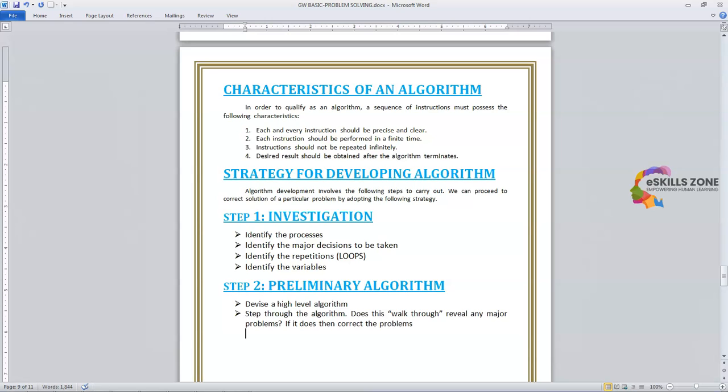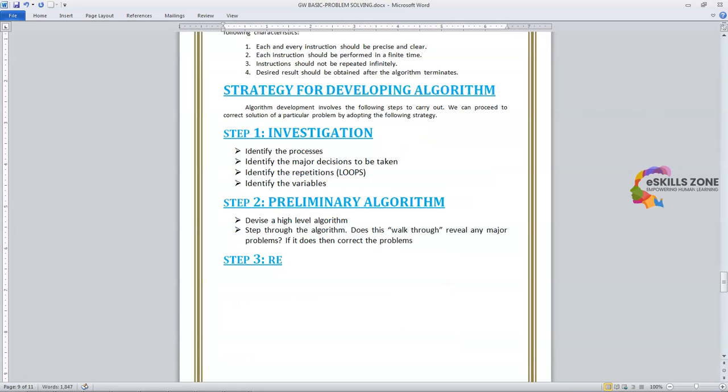Next, in the last step we're gonna discuss refining the algorithm. Third and last step, refining the algorithm.